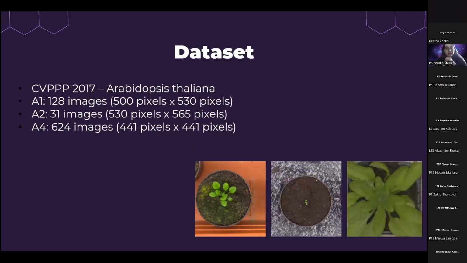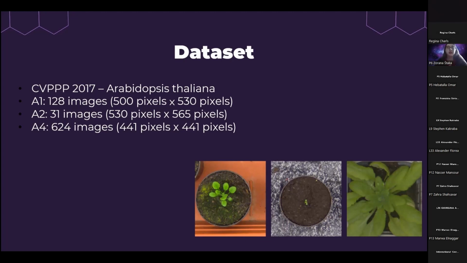So the data set that was used for this is of the plant Arabidopsis thaliana, and it is used in different challenges from 2017, where people were tasked with designing the architecture of the best convolutional neural networks, or maybe some other types of neural networks, to have the best performance in counting leaves.